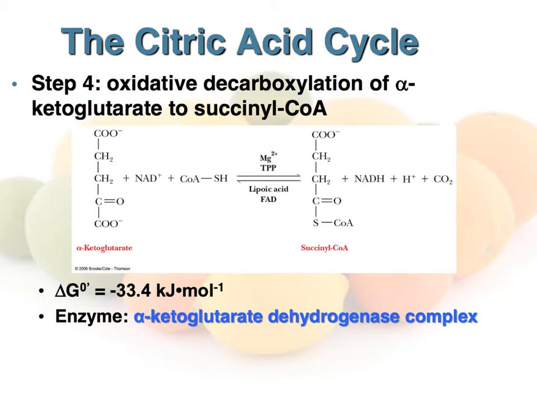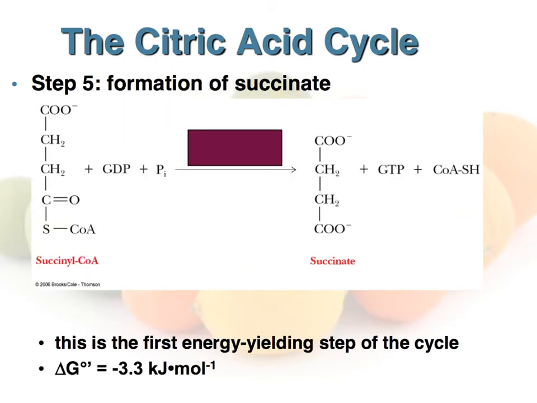So now we have succinyl-CoA, which remember is one of the things that can feed back and inhibit citrate synthase, or step 1. I'll give you a moment to look this over. We're going from succinyl-CoA to succinate.